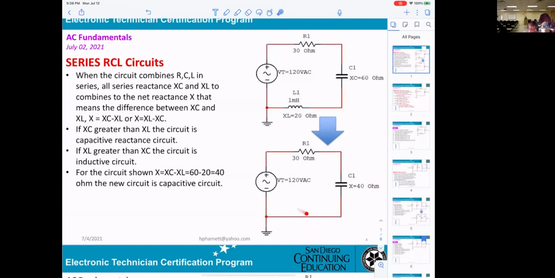So now we're working with a new one, and we go back to the RC series circuit. Okay. Okay, let's see.